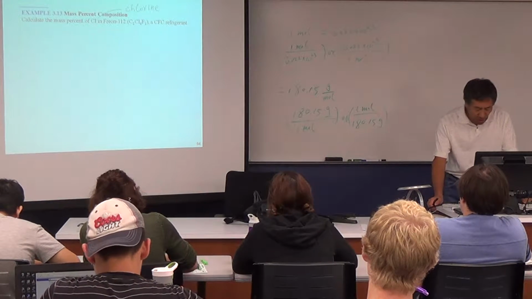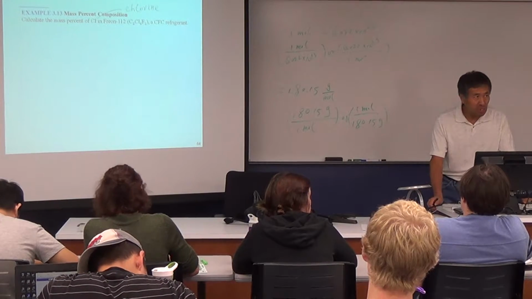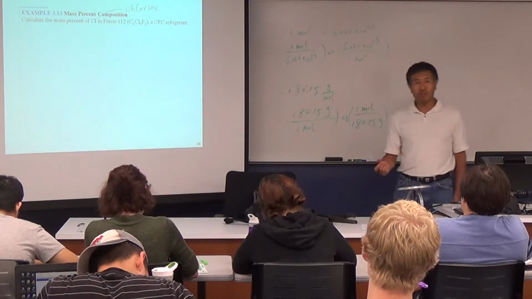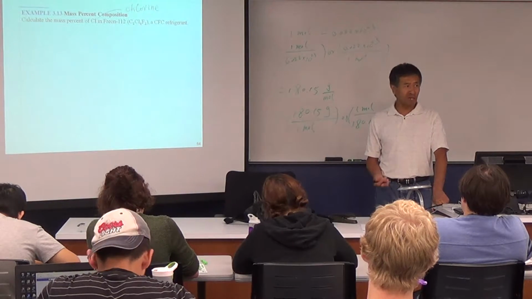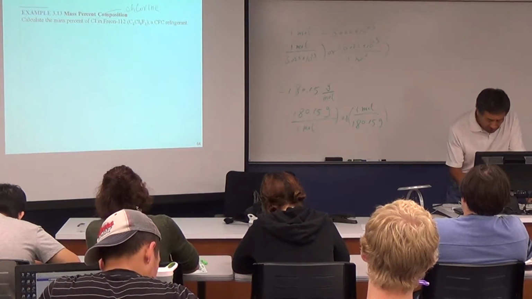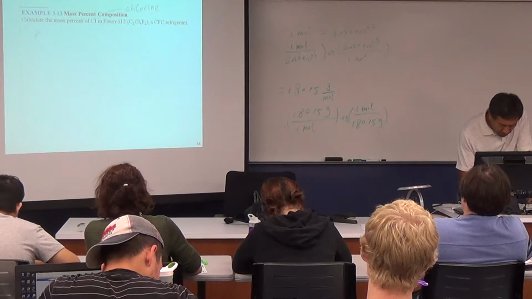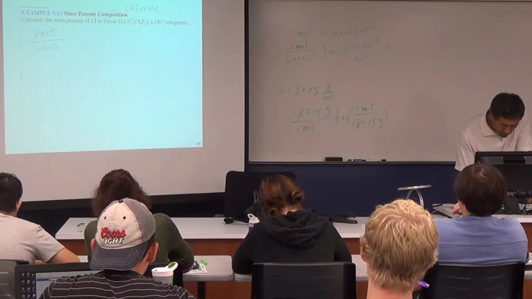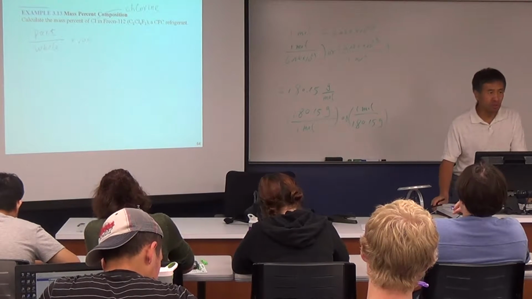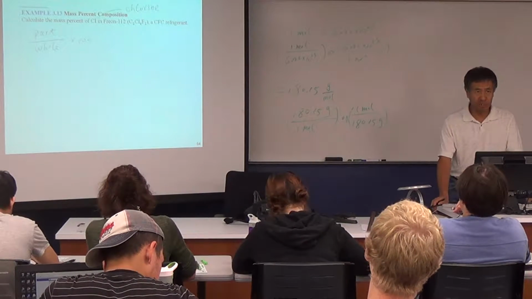So then you want to calculate the mass percent of this. You can either use the AMU when you do the calculations, or you can use the molar mass. Our formula will be the part over the whole times 100, the percent composition.